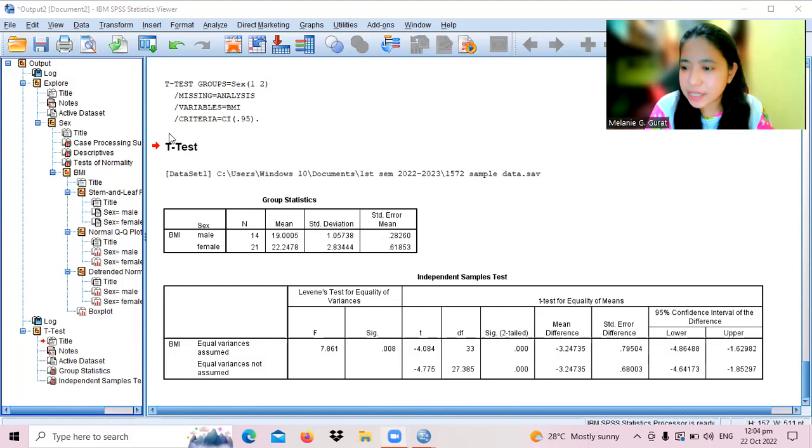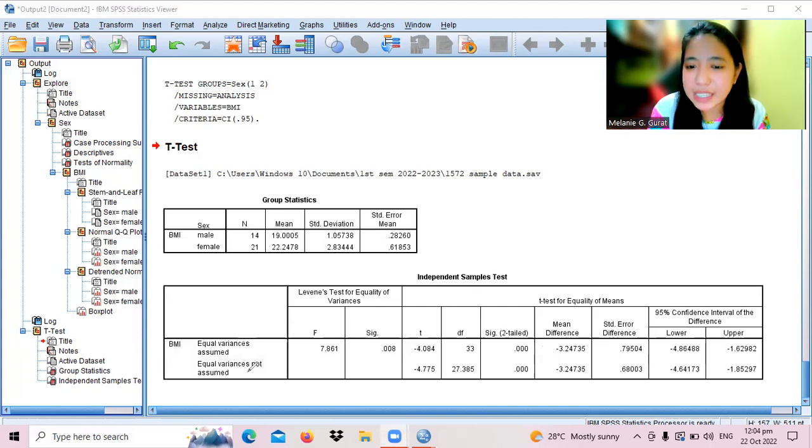On our next table, we have here the Levene's test for equality of variances and the result of the t-test for equality of means. You can see here that we actually have two results: the result for equal variances assumed and the result for equal variances not assumed.